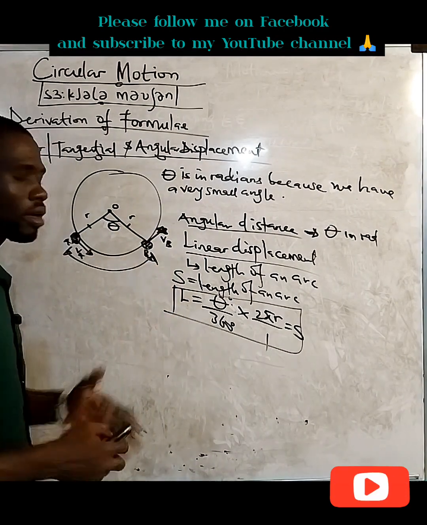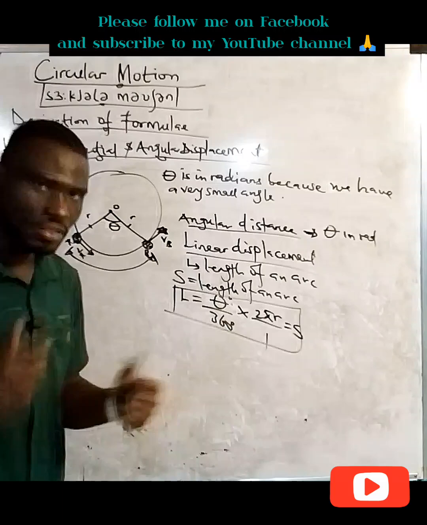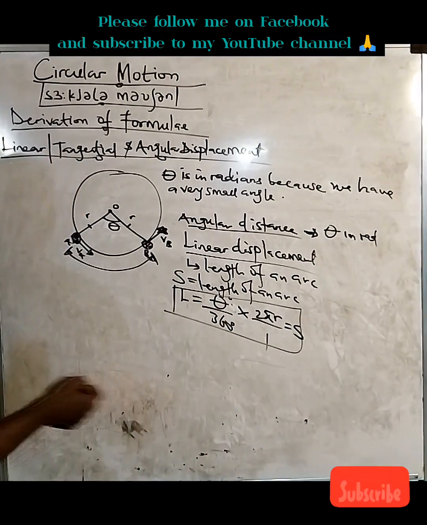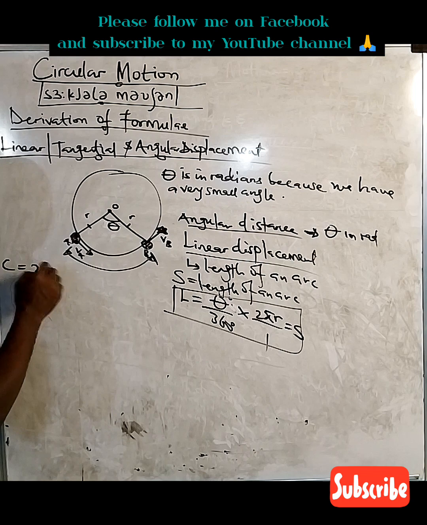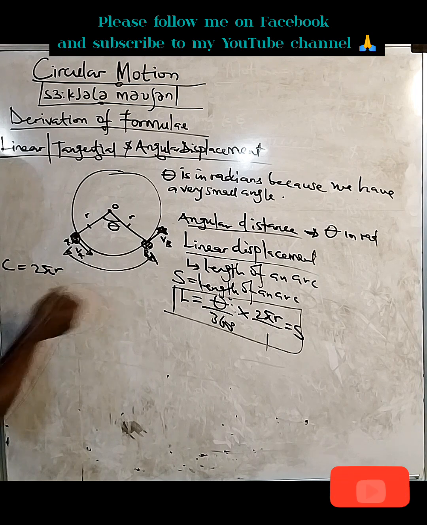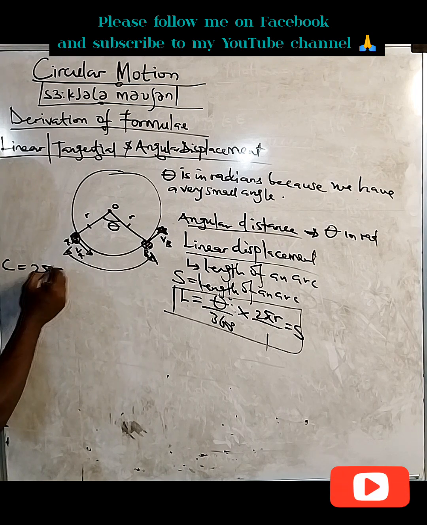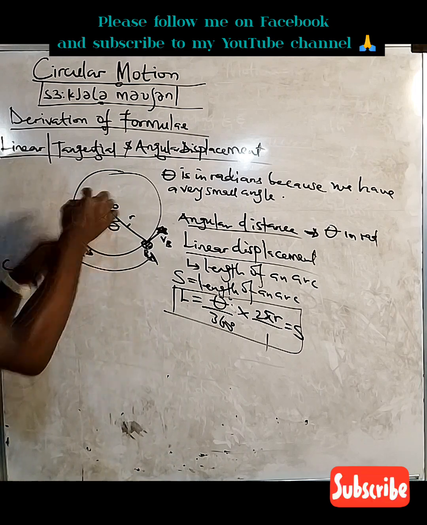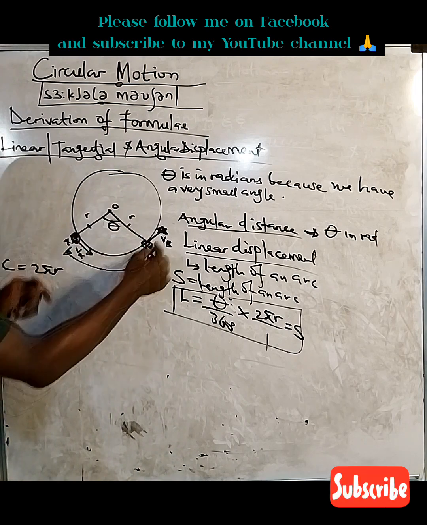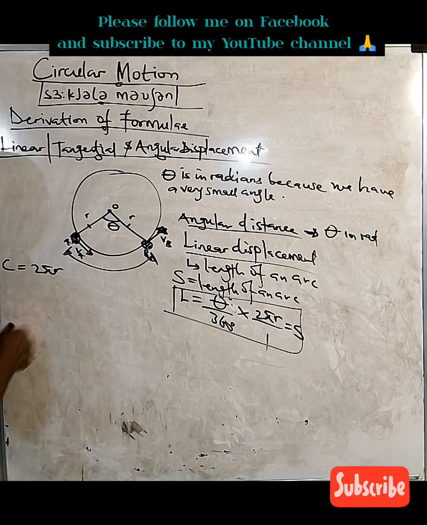What's the relationship between radians and degrees? It's very simple. Mathematics will help us out here. What's the formula for circumference? Circumference is 2 pi radius. Radian and radius are family. Radian is simply the angle gotten from the two radii and the length of an arc. So circumference is 2 pi r.